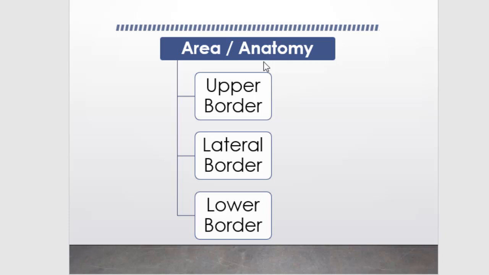For example, for a chest X-ray, you're supposed to mention from the air-filled trachea to the mediastinal structures, lungs, visibility of the costophrenic angle, and hemidiaphragm on both sides. So many structures to mention, so they changed it to area. Area means you just need to mention the structures included in the upper border, the lower border, and the lateral border. As simple as that.